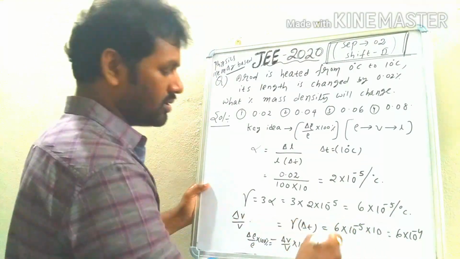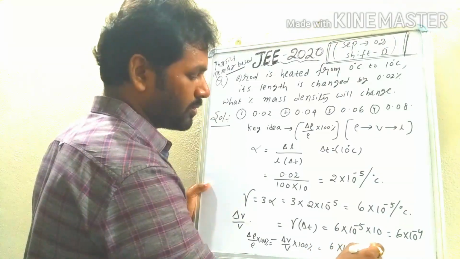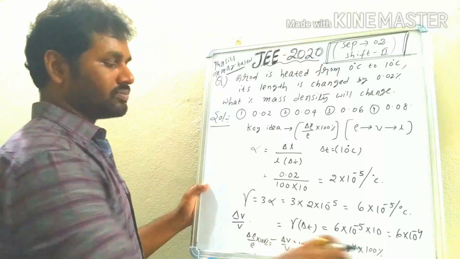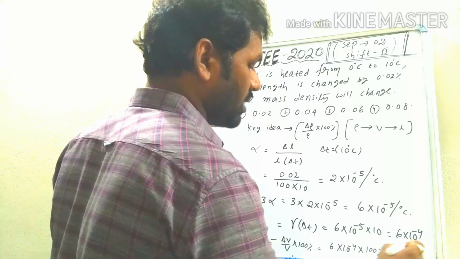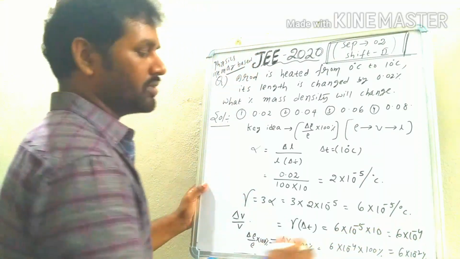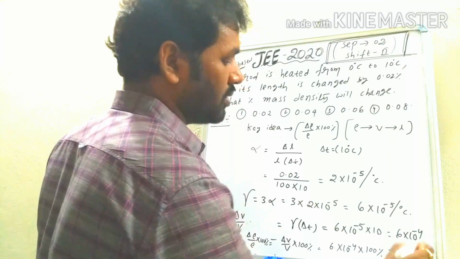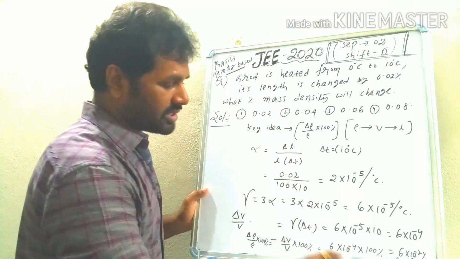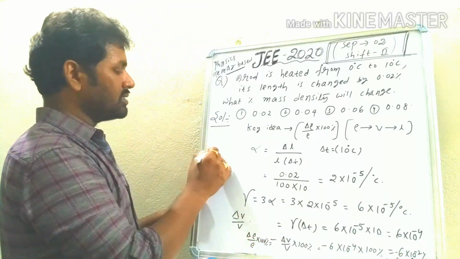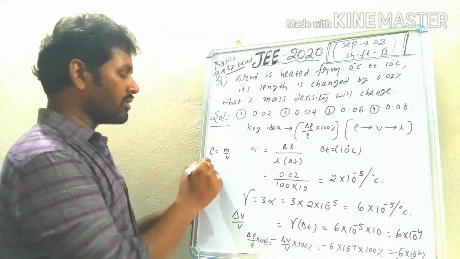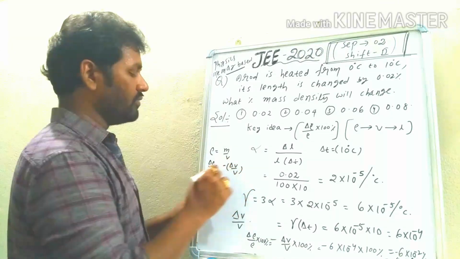Delta V by V we got here is 6 into 10 power minus 4, into 100%, which is equal to 6 into 10 to the power of minus 2 percentage, nothing but 0.06 percentage. Actually, you are getting the answer in negative. Is it right? Because density is mass by volume, with this you can write delta rho by rho is equal to minus of delta V by V.